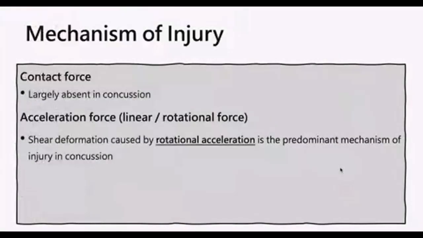For the mechanism of injury, we just talked about it. It doesn't need to be a direct blow. Contact force directly to your head is largely absent in concussion. In contrast, it's mostly acceleration force, and you can divide acceleration force into linear and rotational force. What accounts for more is rotational force.